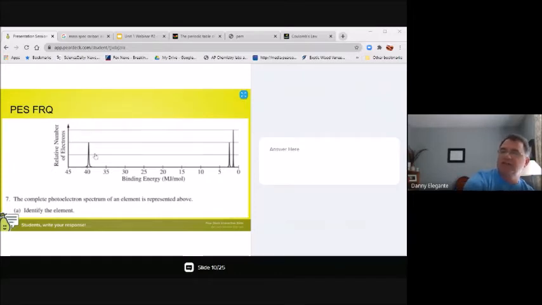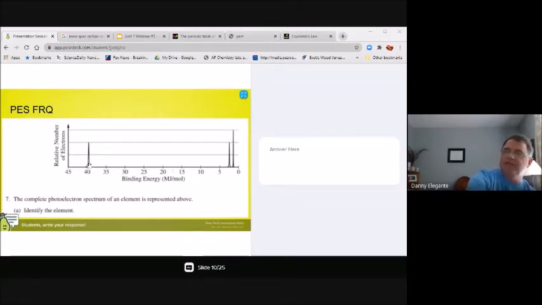So it'd be 1s2, 2s2, and then notice that this very last peak on the end doesn't go all the way up like it would for 6. Notice if each line is 1 electron, that last peak goes up 1, 2, 3 electrons.